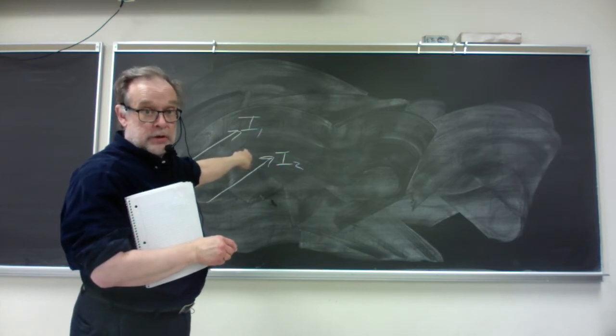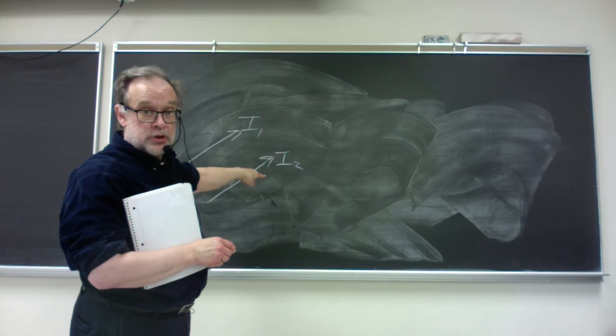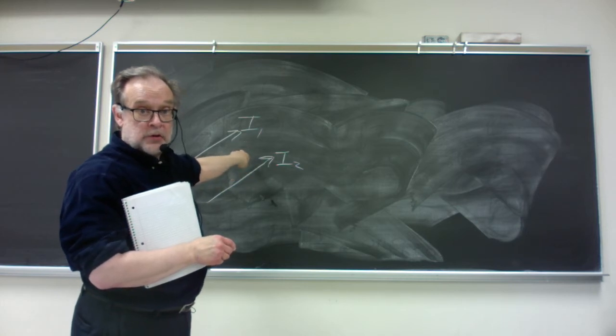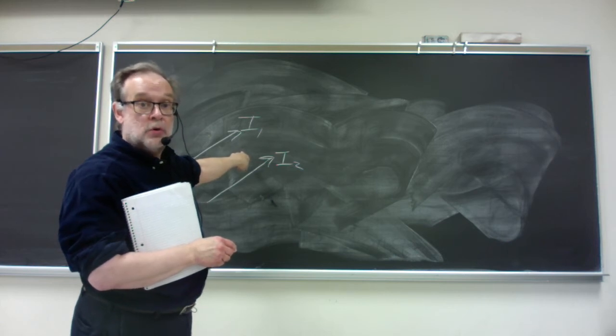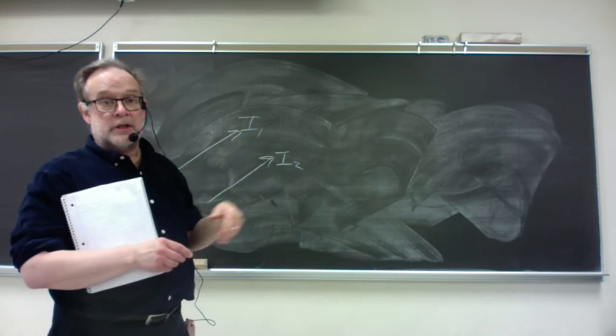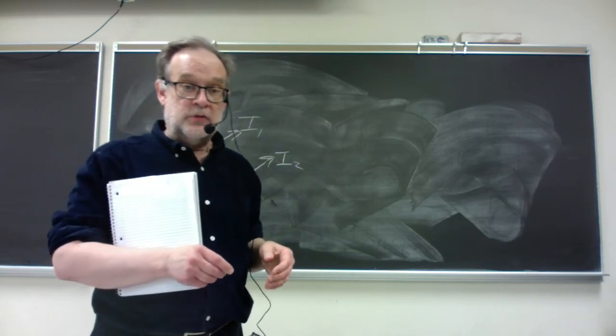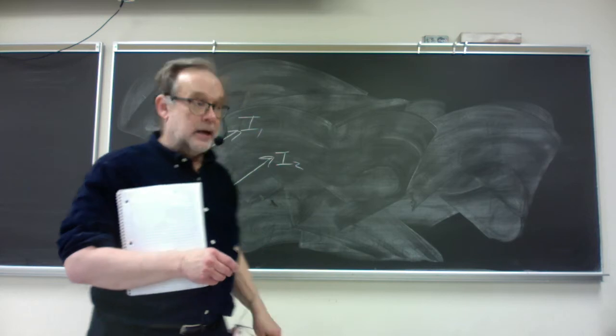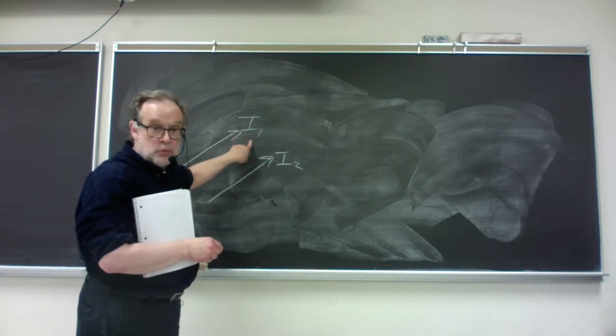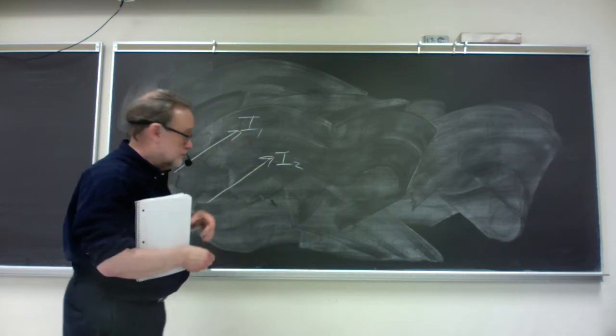And so the field from current 2 is going to be the field that produces the force on current 1. And so, of course, like in the previous two examples, we have to start by figuring out what the direction of the field is, the field that's acting on the moving charges that we're thinking about.